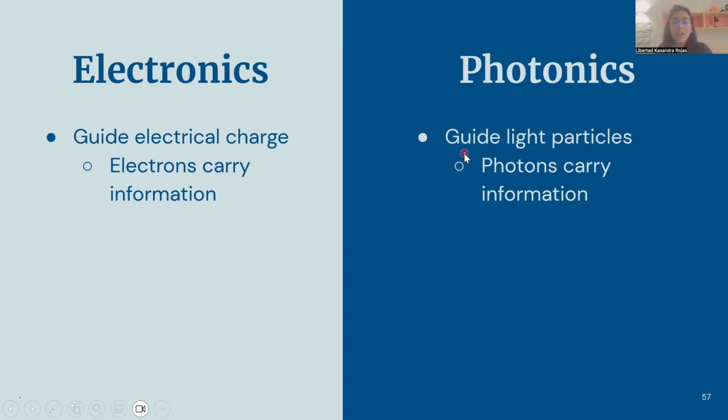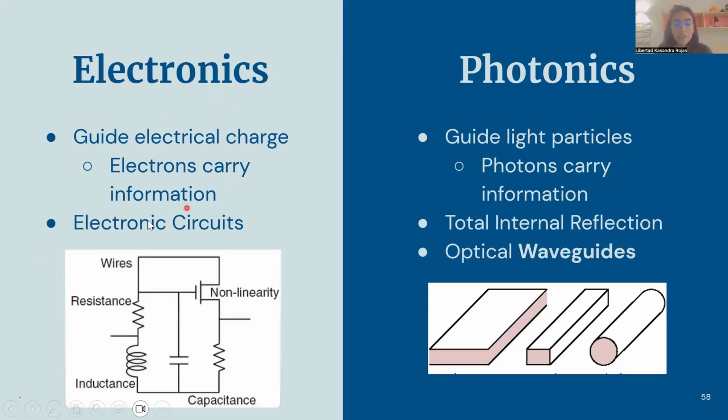So your photons are what actually are carrying the information that you need. In electronics, we have electronic circuits, right? Now, there are also some types of nonlinear relationships in electronics, of course, not the same ones as the ones that I explained. Those are optical nonlinearities. But in general, you have your different electronic circuits and you're guiding your electrons through them.